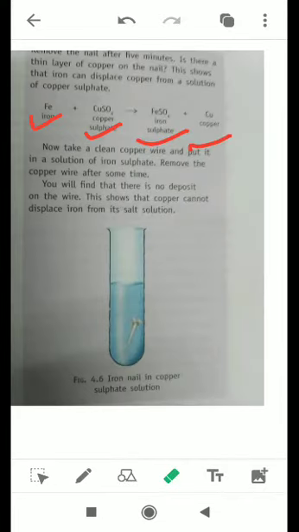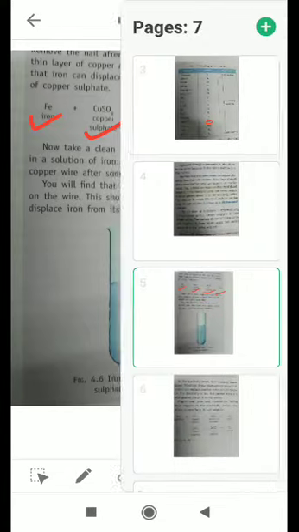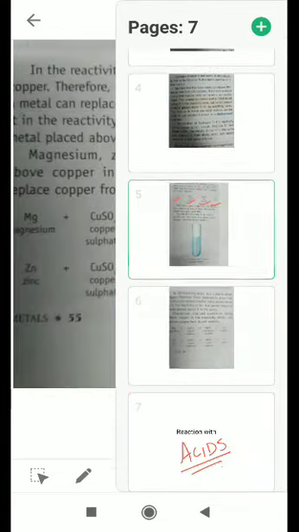But if you place a copper strip in iron sulfate, then no reaction will occur, because iron is more reactive and copper is less reactive. A less reactive metal cannot replace a more reactive metal from its salt solution.